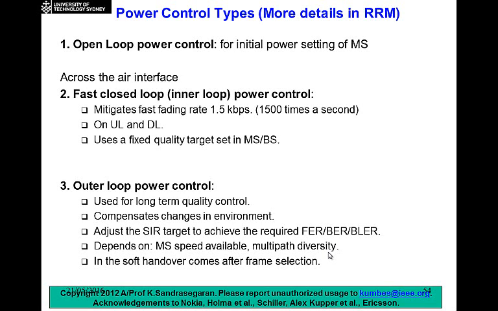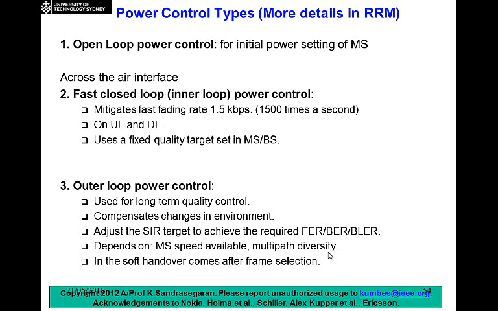Fast inner loop power control is probably one of the most important power control mechanisms that's used, and it is performed at a pretty high rate. It's performed 1500 times a second, and it's done both on the uplink as well as the downlink, to ensure that the signal quality is maintained at the optimum possible.